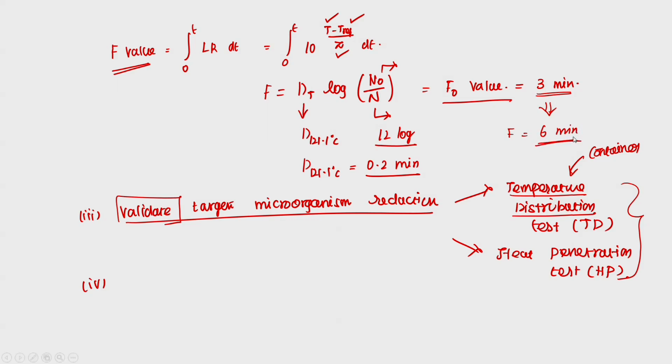By considering all the worst conditions, even though the plant is operating at normal conditions, I myself create worst conditions. For those worst conditions, the F value is calculated. When it is employed in the normal plant, it will take care of the reduction level. For example, for a 3 minute F value, my log is 12 log. For 6 minutes, it may be 18 log reduction, so that my process is safe. I need not validate all the time whether my process is employing a correct time-temperature combination or not.